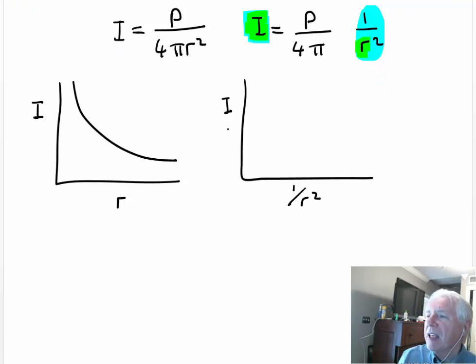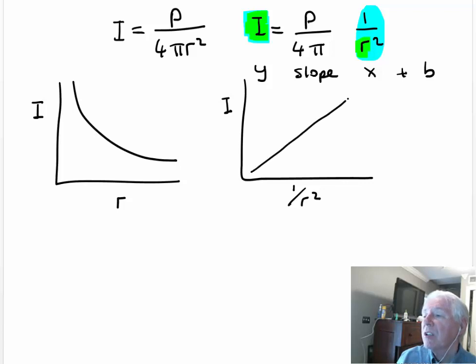If I plot I versus 1 over R squared, that's like Y is equal to slope X plus B. No, B should be zero: it should go through the origin and should be a straight line. And this slope should be equal to P over 4 pi.